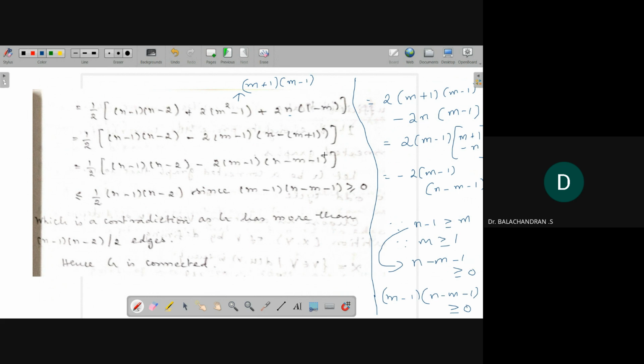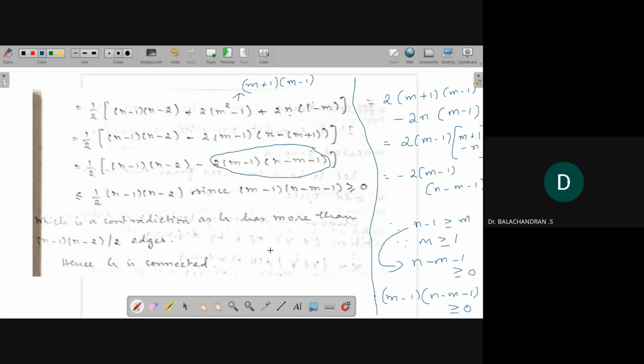Since m minus 1 into n minus m minus 1 is positive, and the sign is minus, this is totally less than or equal to 1 by 2 into n minus 1 into n minus 2.